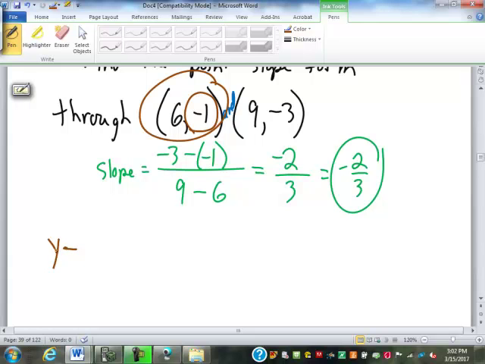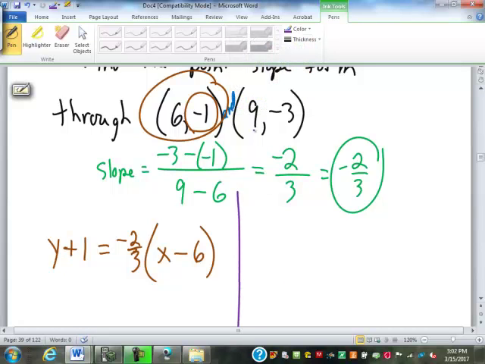So this won't even be y minus. It's going to be y plus 1. Equals, what's going to go next? Negative 2/3 is my slope. And then in the parentheses, x minus x1. x1 is 6, so that'll just be minus 6.